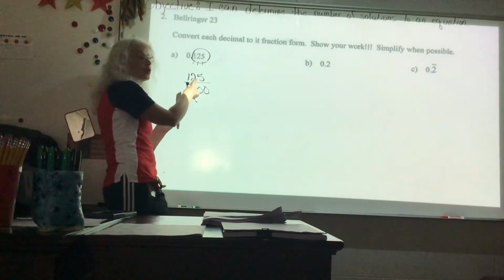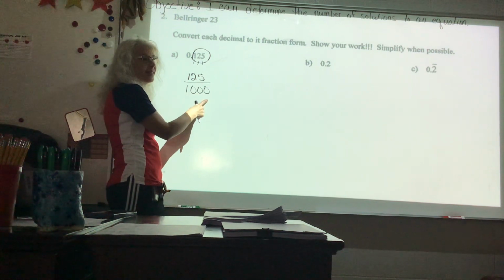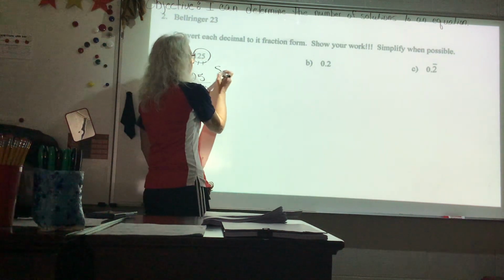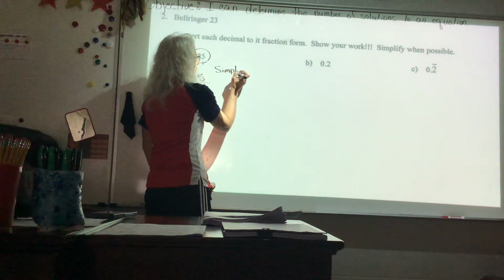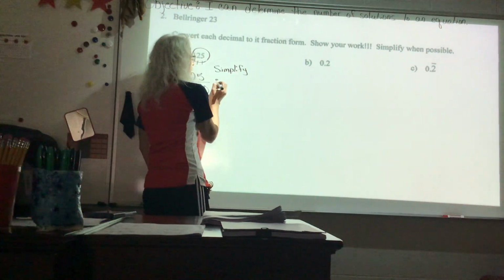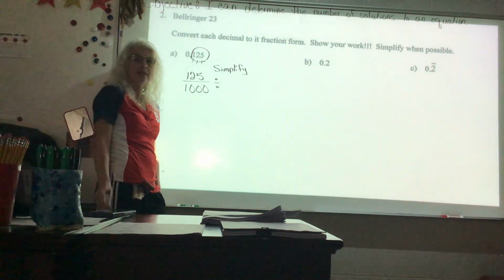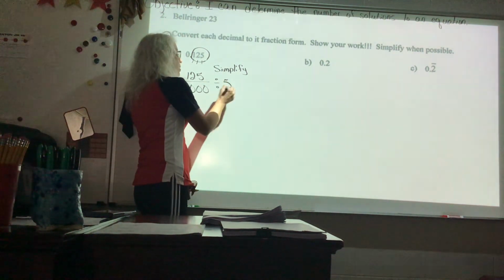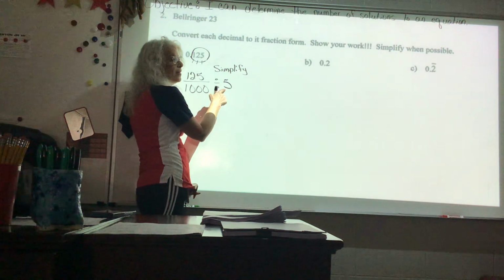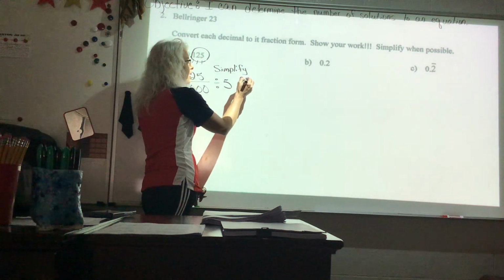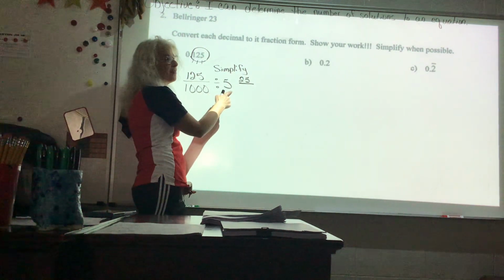Now, this ends in a 5, and this ends in a 0, so we need to simplify. So we need to find a number that will divide into each of these numbers. Delia? 5, good. So 125 divided by 5 is? 25. 1,000 divided by 5 is?